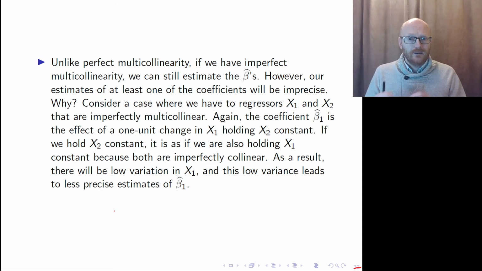Okay, but if you have close to one correlation, then still it's really difficult to decipher which coefficient, which beta contains the information from that joint information pool of the two x variables.